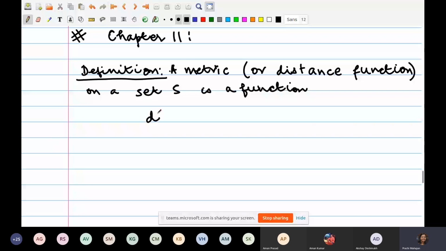It is defined on the product S cross S, and this function is real valued. So a metric to start off with is a function defined on the product set S cross S, taking values in the set of real numbers, and that satisfies the following properties.